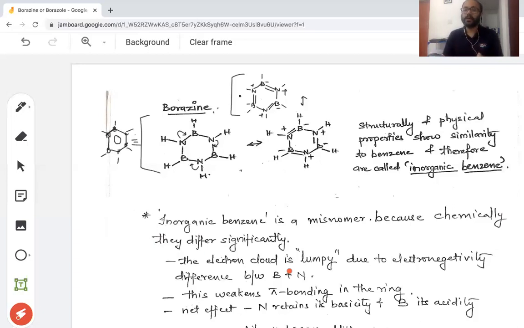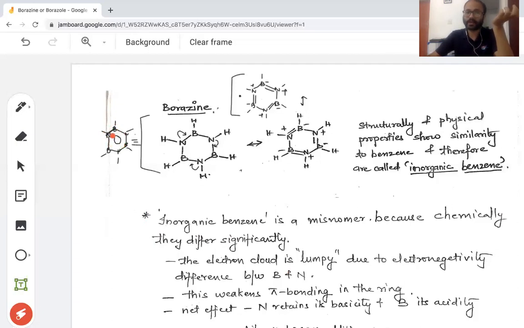Now, when you talk about the electron cloud on the Borazine, here there would be a problem. Why? Because boron and nitrogen show an electronegativity difference. Nitrogen is more electronegative than boron.